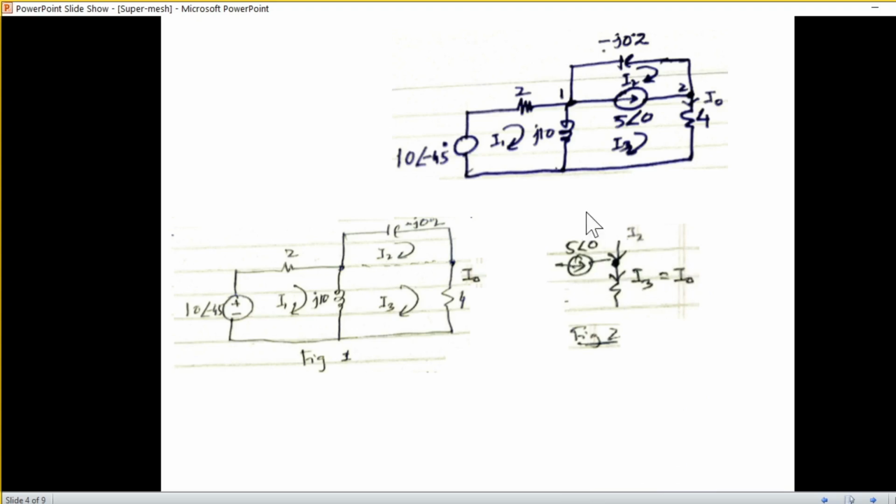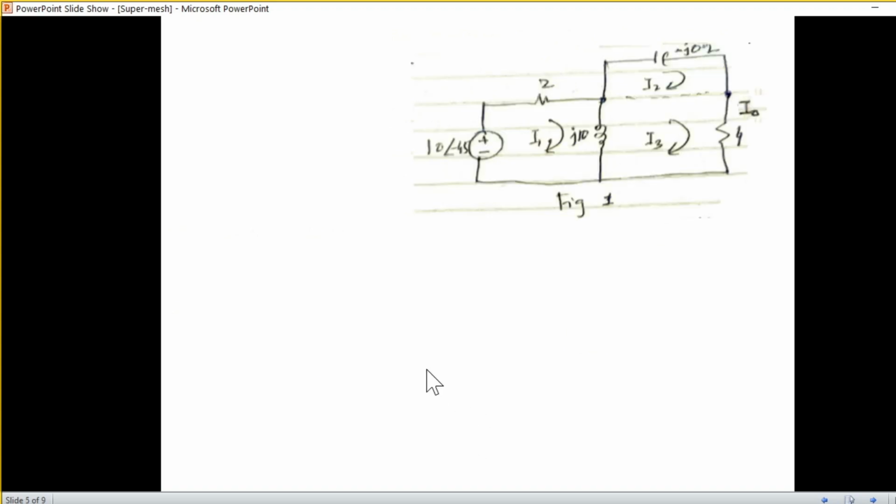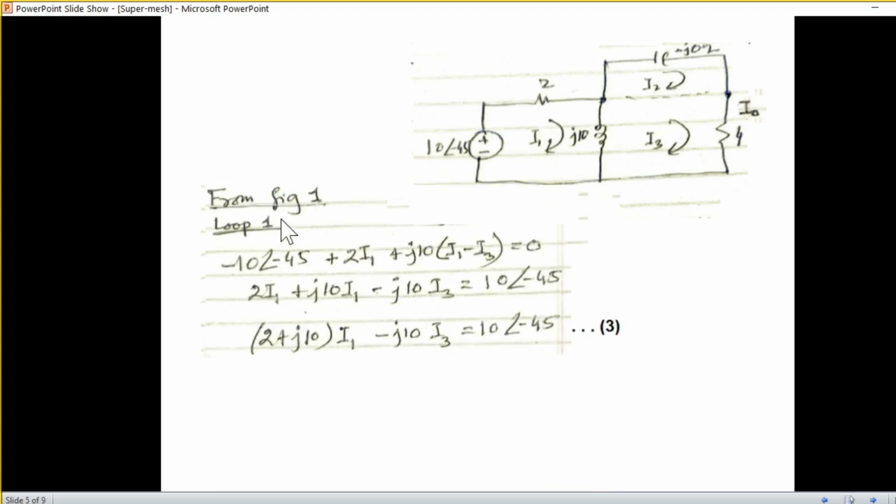So this will remain there, and the branch that we have removed, we'll treat it separately. You can see this 5 is coming in, I2 is coming down from here, and I3. So these two figures we'll solve. First of all, we'll solve the left loop, or loop 1 as I'm calling it, and I hope you can easily follow.